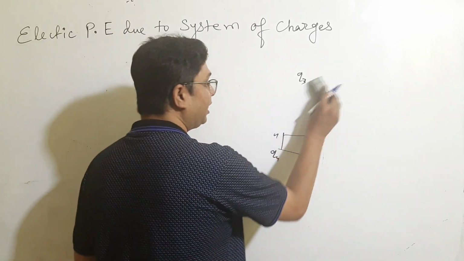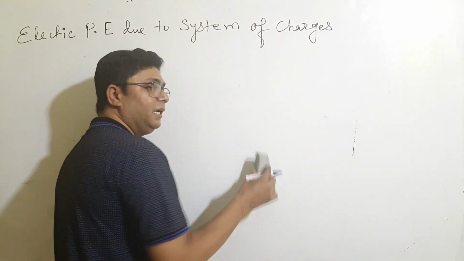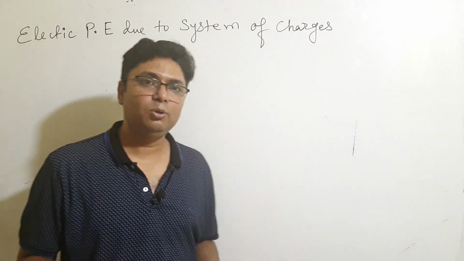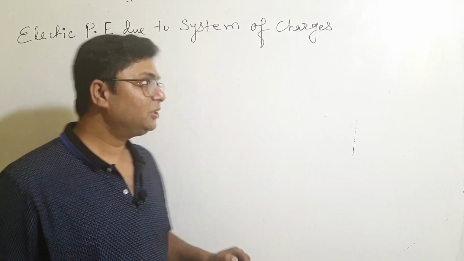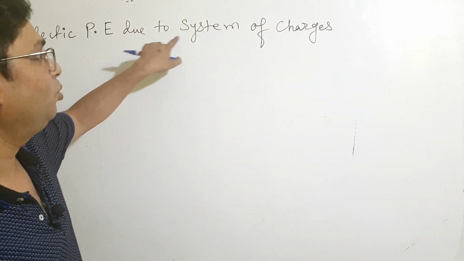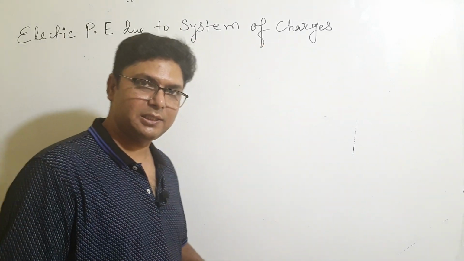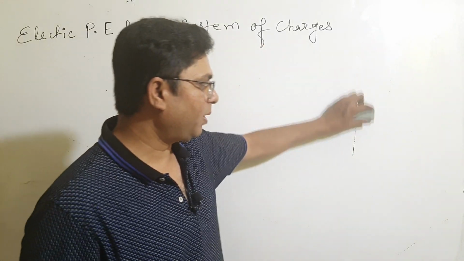The energy in bringing these charges from infinity to a point is said to be electric potential energy due to system of charges. Let us understand this one by one.